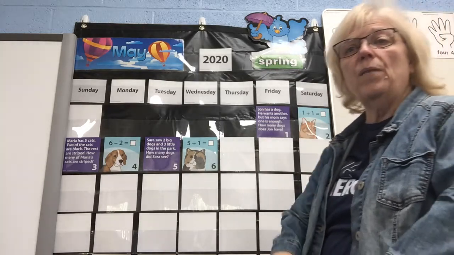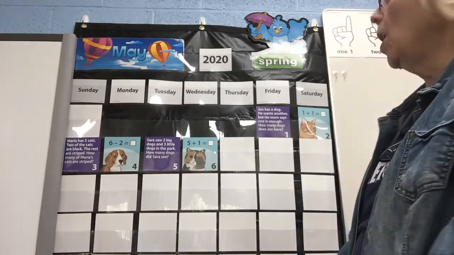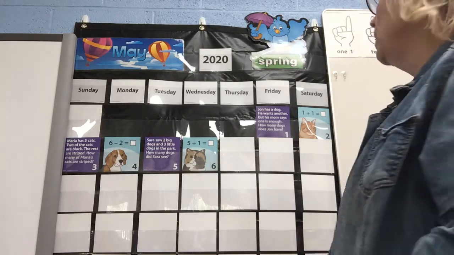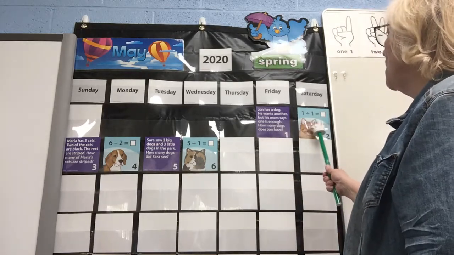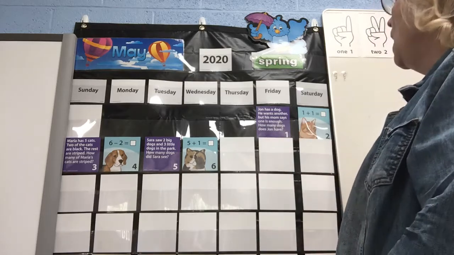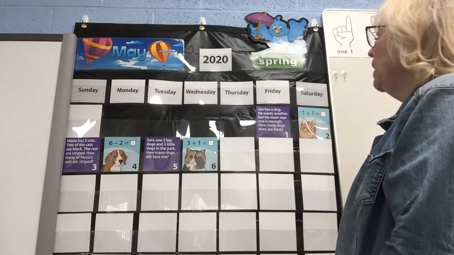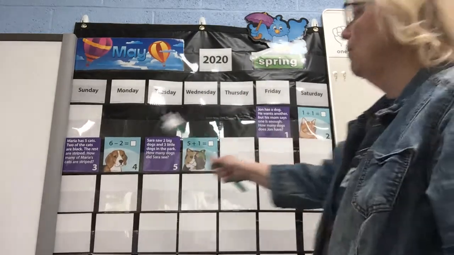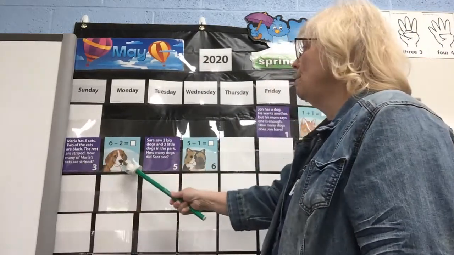So far we found out that our pattern is story problems. We have a story problem and then a math problem. First we have our story problem, then our math problem, then story problem, math problem.